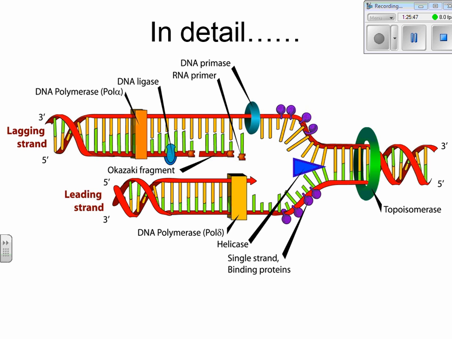Okay, now what's going on? Well, we've got two strands of our original DNA. And they're clearly not being copied in quite the same way. But the reason for that is that there is one enzyme available to do this, DNA polymerase.